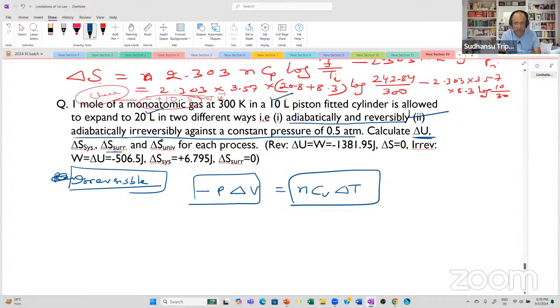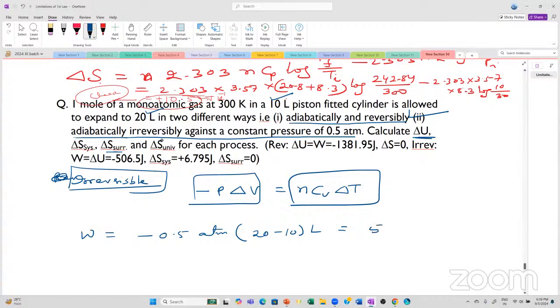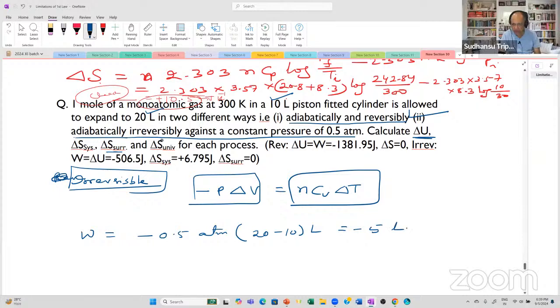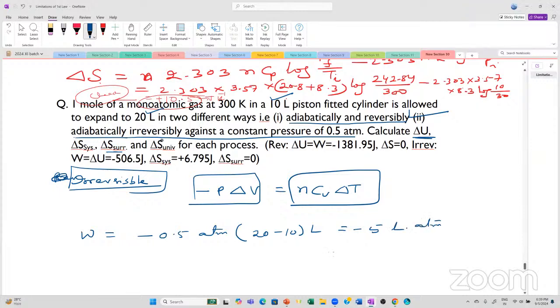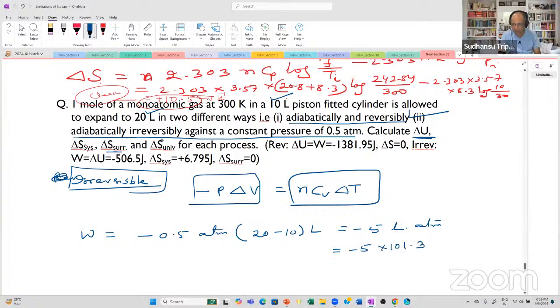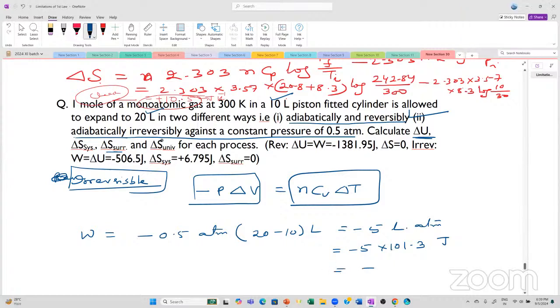So you can use this expression to find the work done, which is equal to minus 0.5 atm into V2 minus V1, 20 minus 10. How much did it become? Minus 5 liter atmosphere, right? Yes. And if you multiply with 101.3, it becomes joules. How much? Minus 506.5.